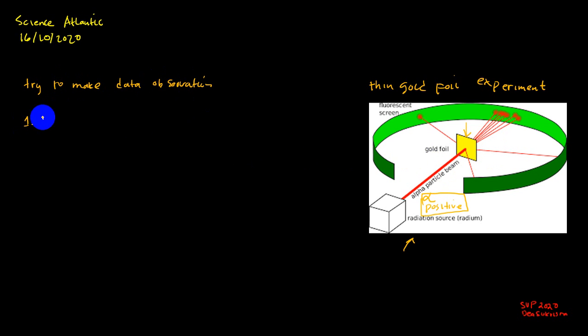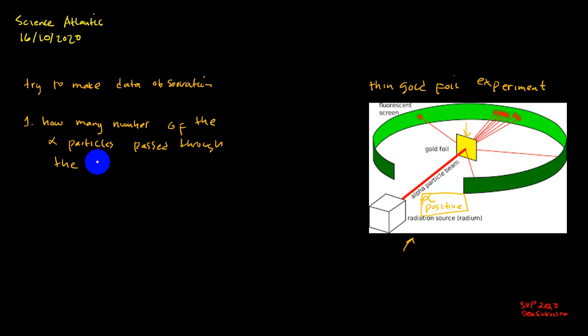Number one, count one by one, like 1, 2, 3: how many alpha particles passed through the thin gold foil? Oh, there are 7, for example. You can manually just count the ones that pass through.